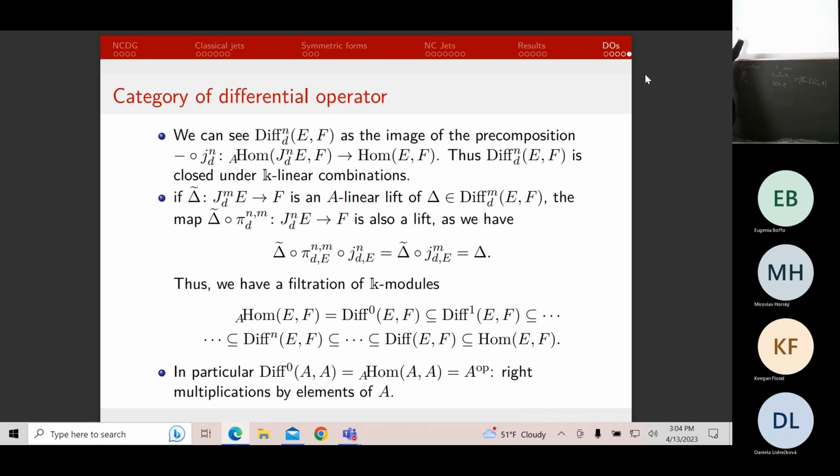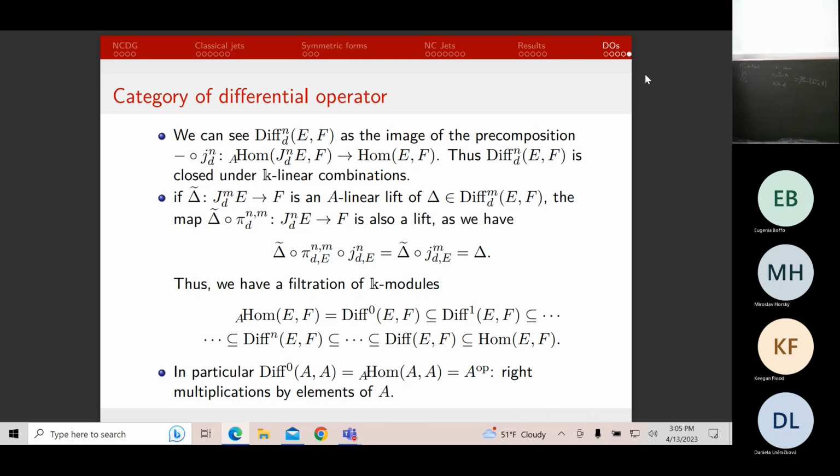Prolongation is k-linear, so this can be seen as a sub k-module of k-linear maps from E to F. Not only that, but if we take a lift to the nth jet and we precompose it with the prolongation from n to m, then this is a lift also to higher jets, which means that there is a filtration of k-modules by the degree of differential operators, increasing with the order.